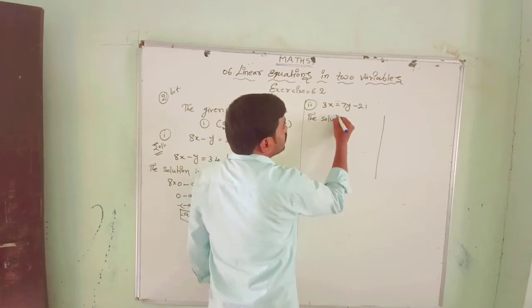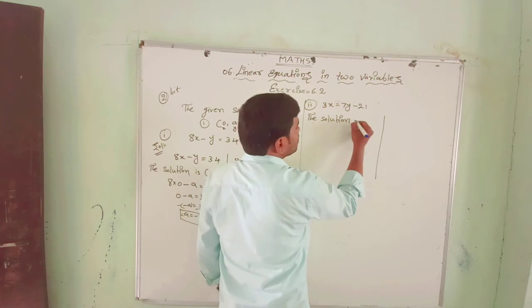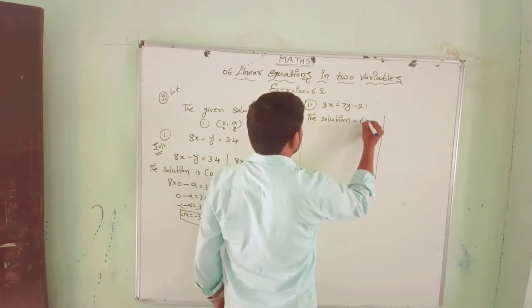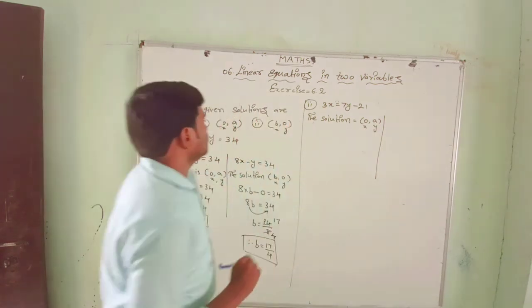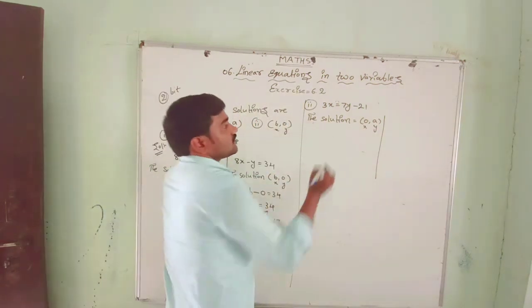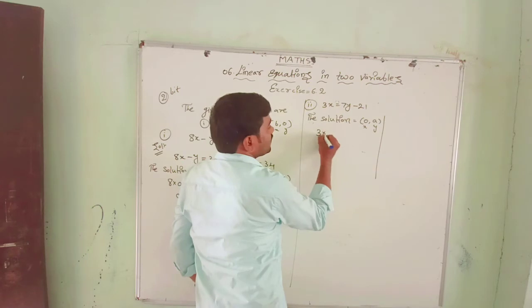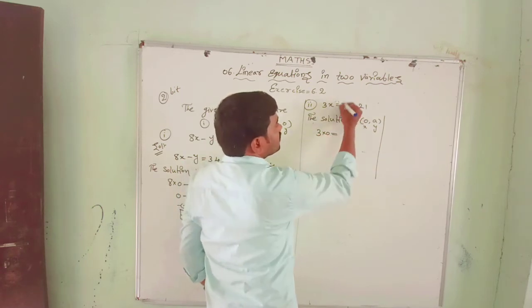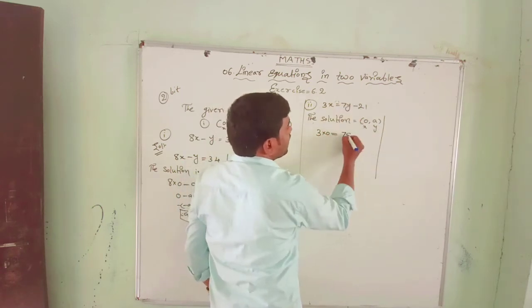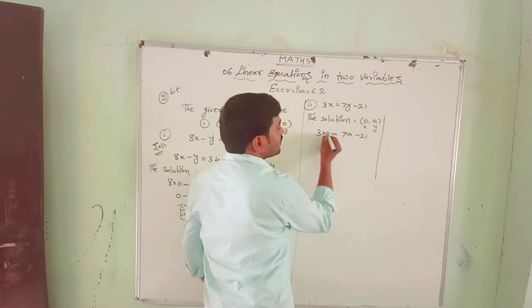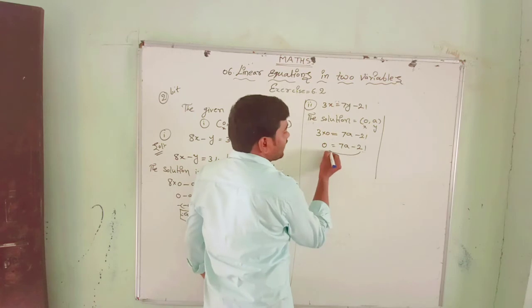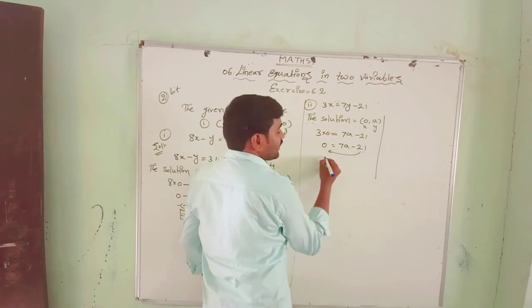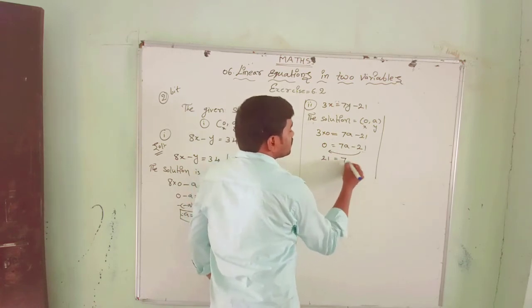The given solution is 0 comma a. It is x value and this is y value. So wherever the x is present you put the 0. 3 into 0 equal to 7 into a minus 21. 3 into 0 is 0, that equal to 7a minus 21. This minus 21 you bring this side, then we can write 21 equal to 7a.